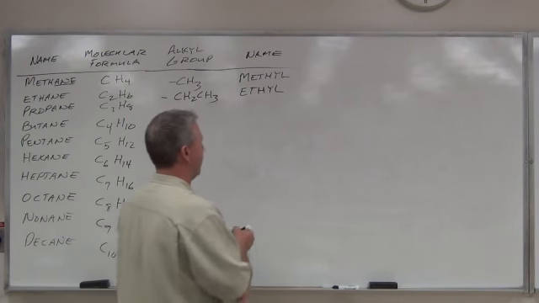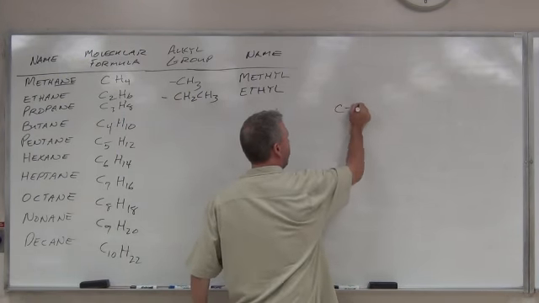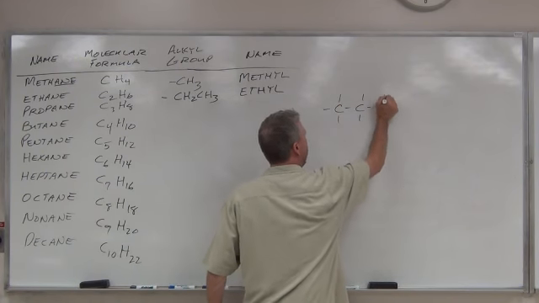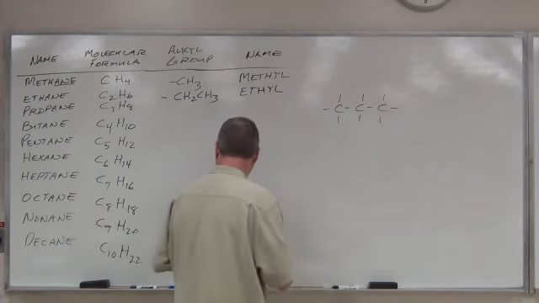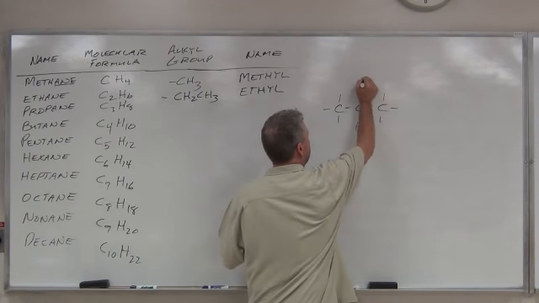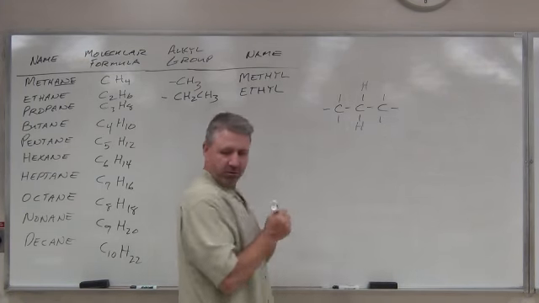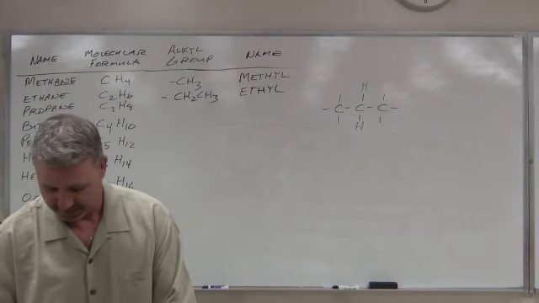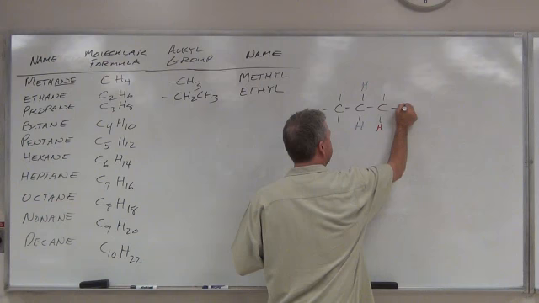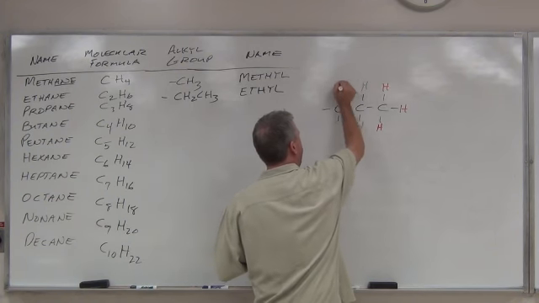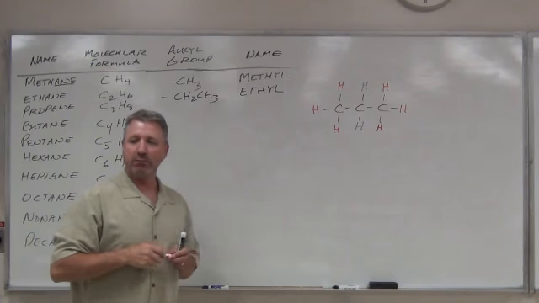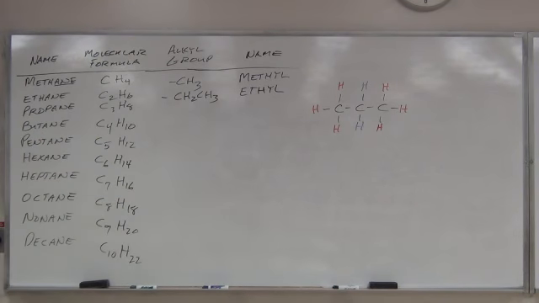So for propane, we have 2 sets of equivalent hydrogens. The red ones are equal, and the blue ones are equal.